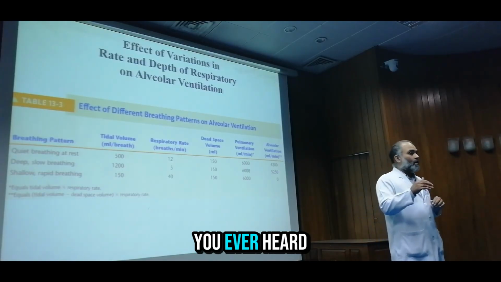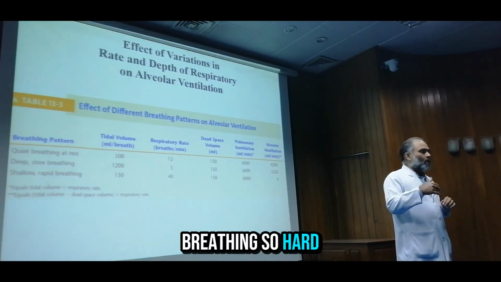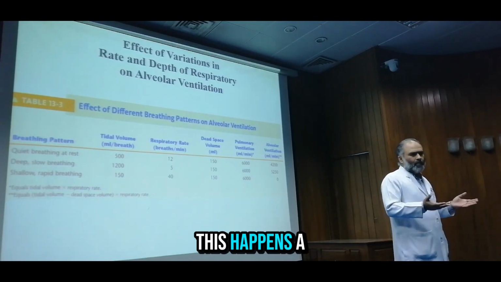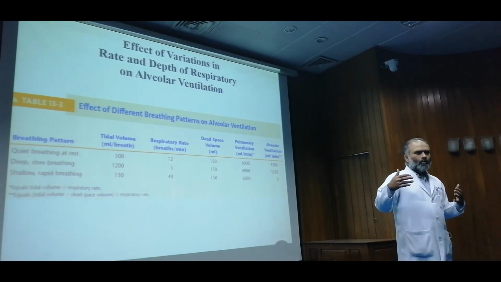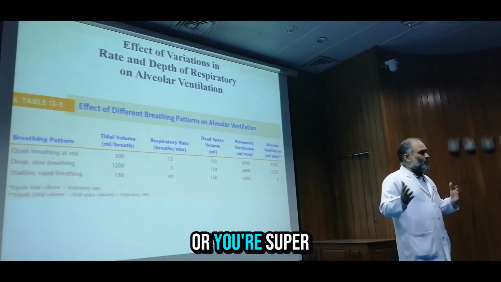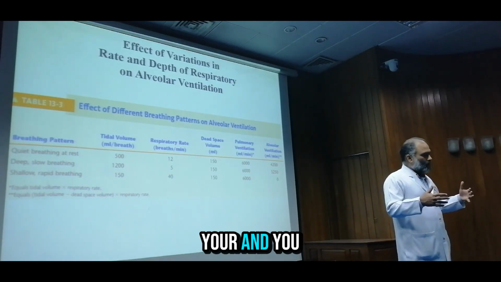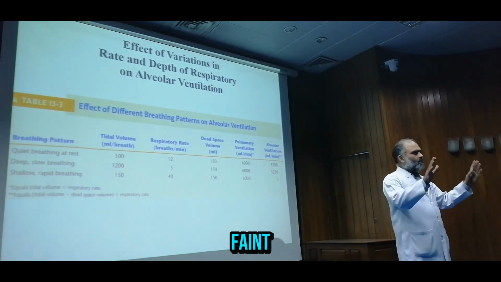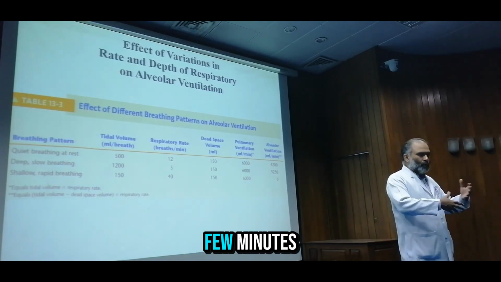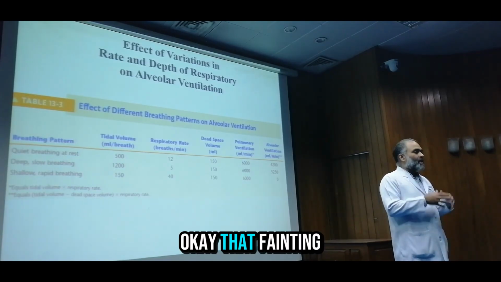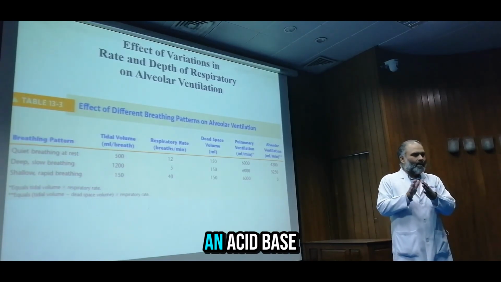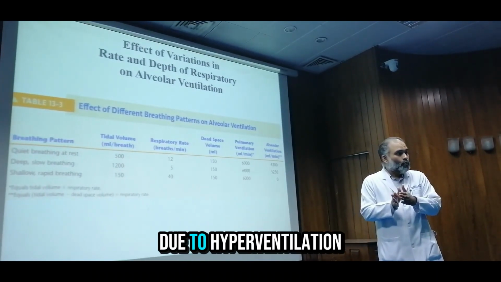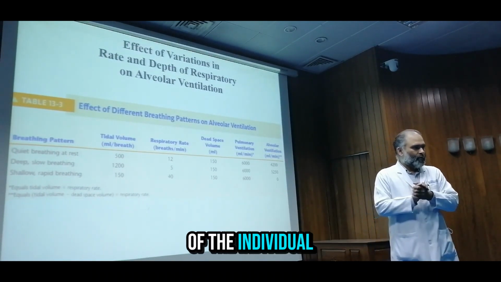Have you ever heard that somebody was breathing so hard, so shallow and hard, that they fainted afterwards? This happens a lot. You get very bad news, or you're super anxious, and you don't control your ventilation. It goes up, and you faint in a few minutes. That fainting is explained by an acid-base disorder that happens due to hyperventilation.